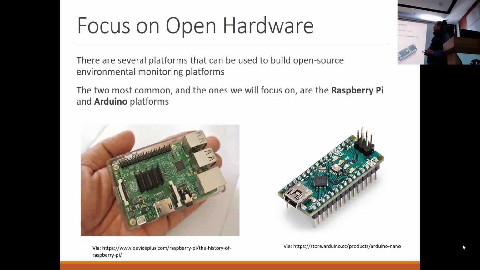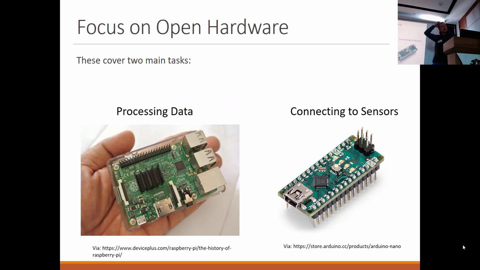The two that Bodo and I have worked with most, and that I'm going to focus on today, are Raspberry Pi and Arduino. These can be broken into two main functions. The Raspberry Pi is usually for processing or collecting the data, and the Arduino is generally for connecting directly to the sensor.